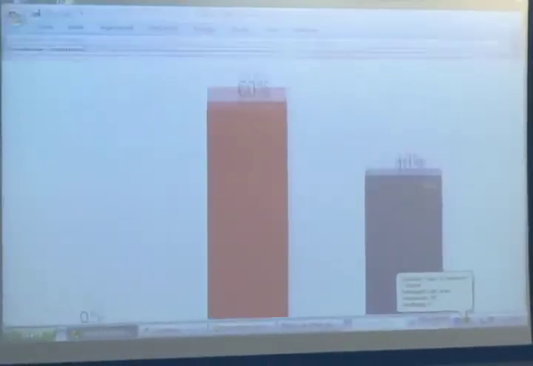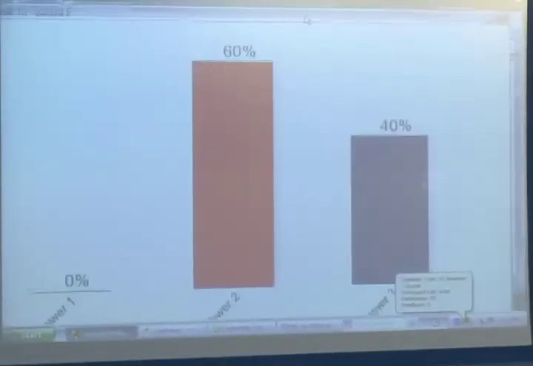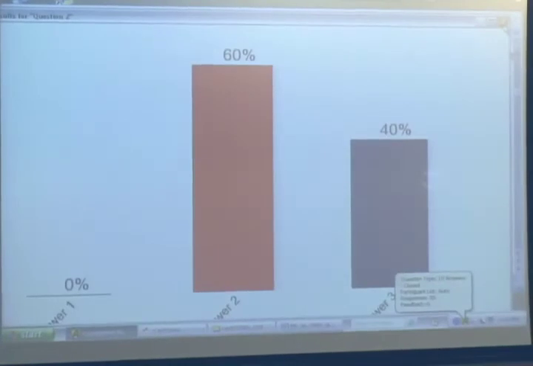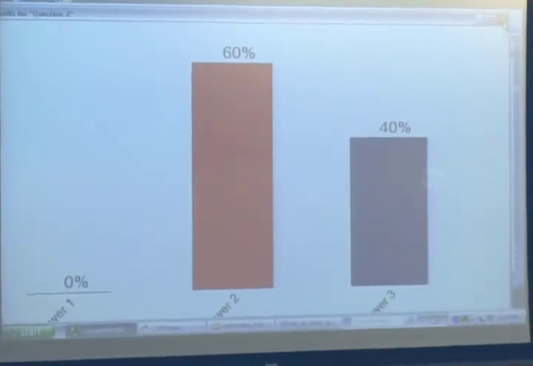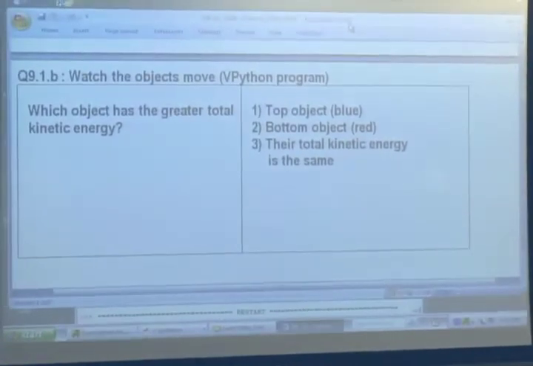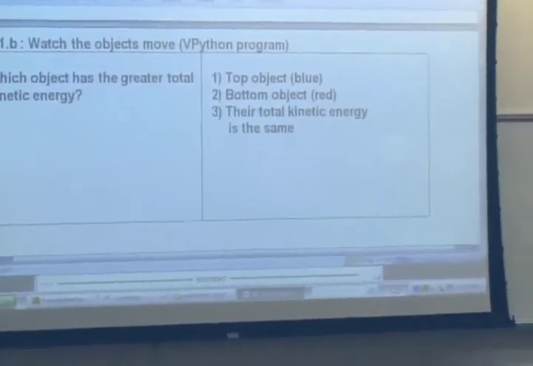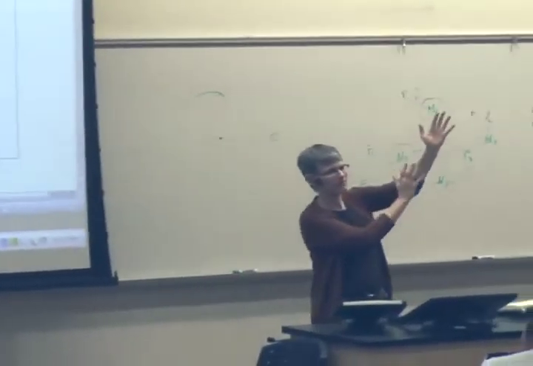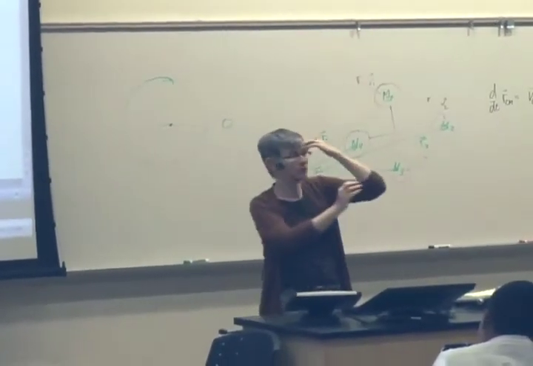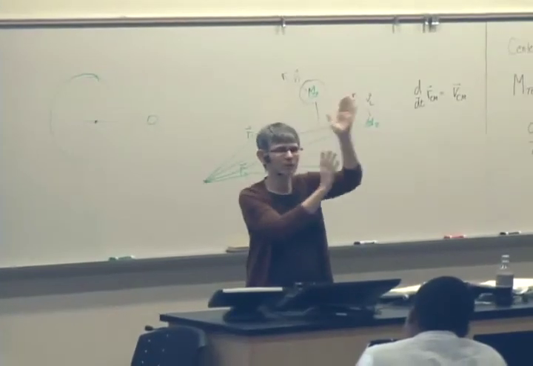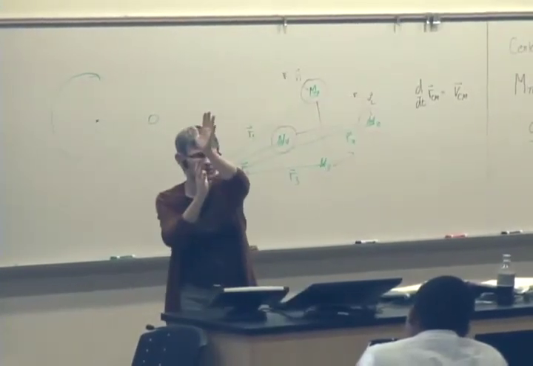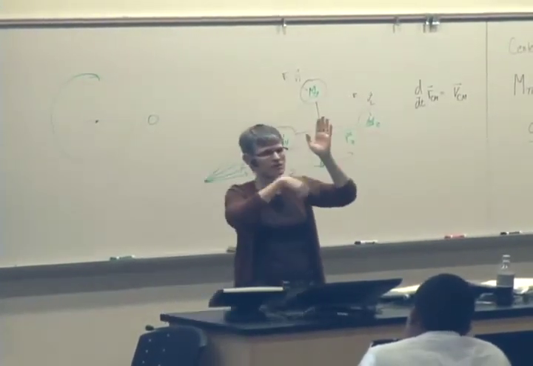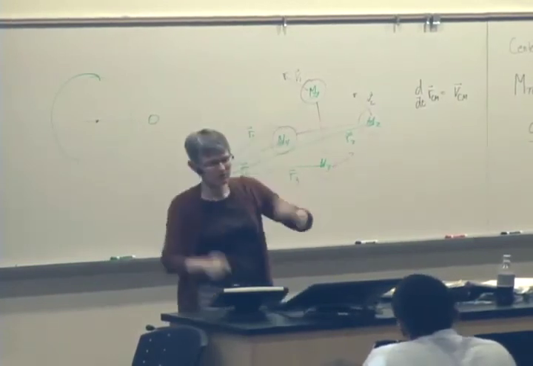Okay, this time more people think that the bottom object has more kinetic energy. And that's right, it does. Because if they were both moving along just oriented like this, they'd have the same kinetic energy. But if this is also spinning, it has more.